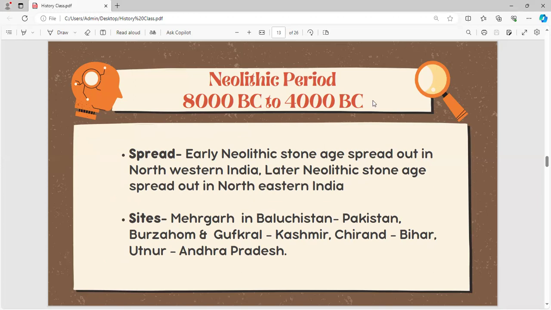And the important sites for the Neolithic period: Mehrgarh in Balochistan, Pakistan. Mehrgarh is an important site because we get the first evidence of agriculture there, and it is also linked with all three periods that we have studied one by one.